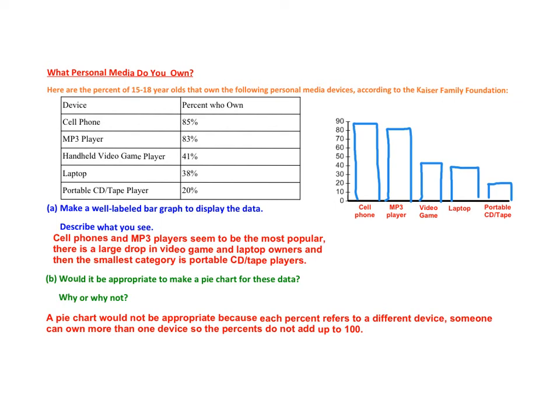The portable CD or tape player, they're fading. Pretty small. A pie chart would not be appropriate here, largely because a pie chart has to represent a whole. These percents don't apply to that, so they don't all add up to 100. So pie chart, no good.